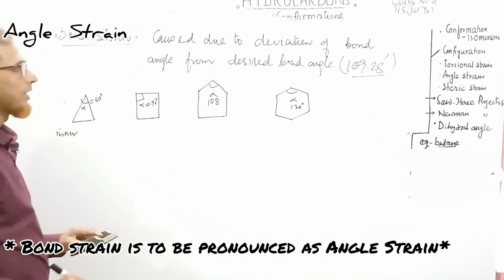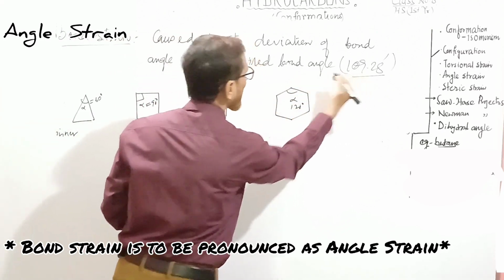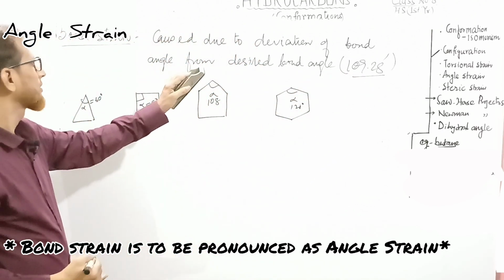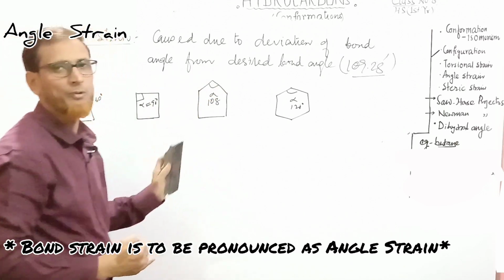There is a formula, and you can find out the deviation from the ideal, and by finding this deviation we can understand the stability of a compound.